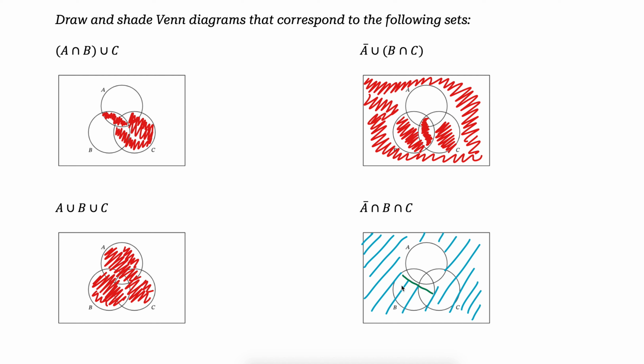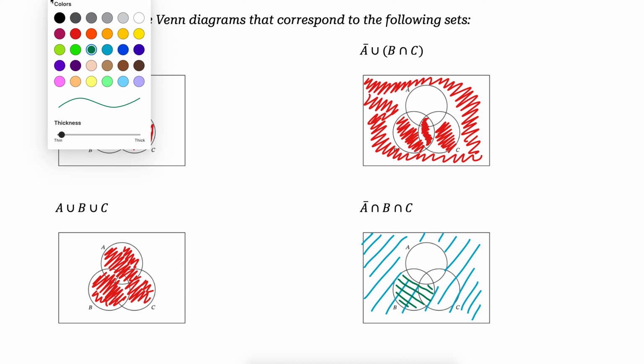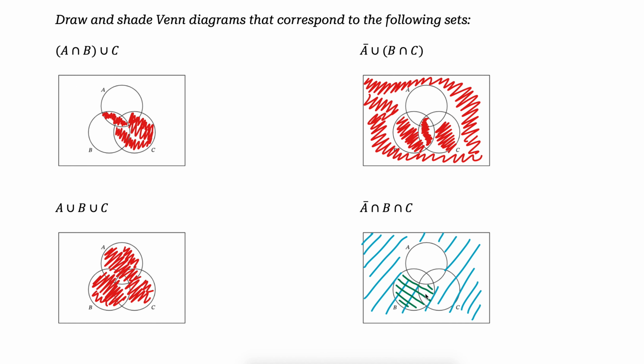Well, it's going to be this bit here. Then we want to intersect that with set C. So now where does this green area overlap with set C? Well, just this bit down here. So this one ends up being the smallest shaded area of all. And that's going to wrap up this section.